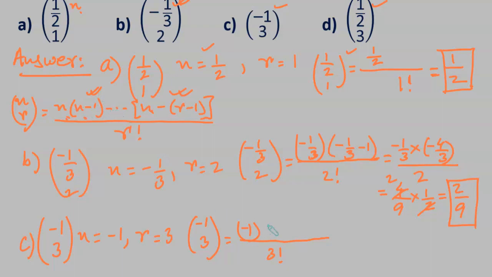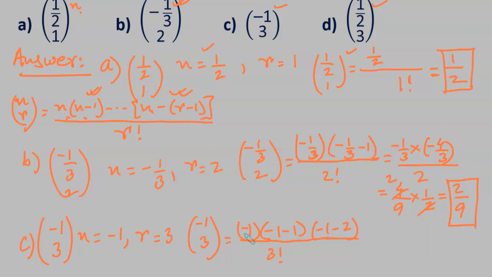So negative 1 is the first factor, then negative 1 minus 1 is the second factor, and negative 1 minus 2 is the third factor. And minus 1 minus 1 is minus 2. And this is minus 1 minus 2 is minus 3. Minus 2 times minus 3 is plus 6.